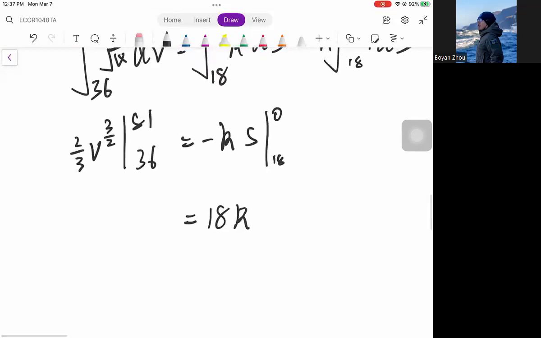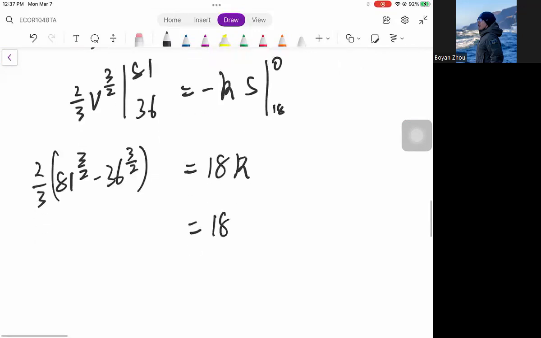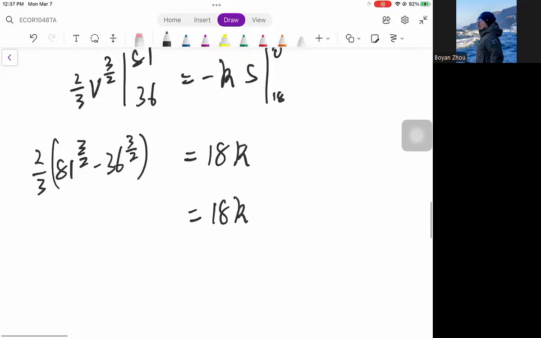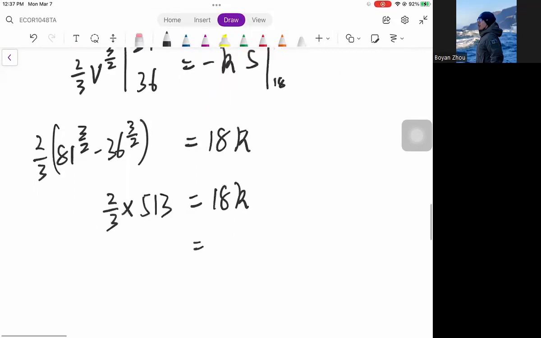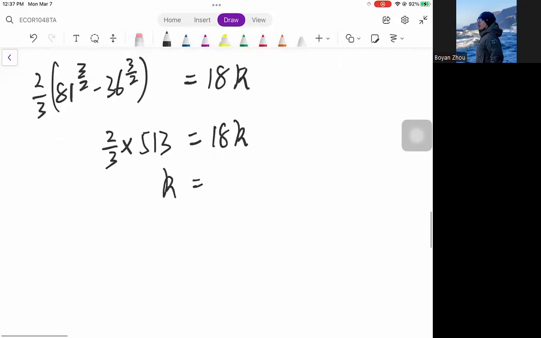On the left hand side, we just put the numbers into the equation, minus 36 to the power of 3 over 2. So we have 18K on the right hand side, and we use a calculator to solve for the value in the bracket. That is going to be 513. So eventually we know K is going to be equal to 19.